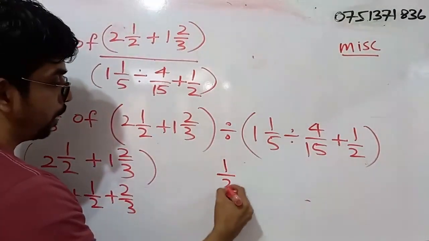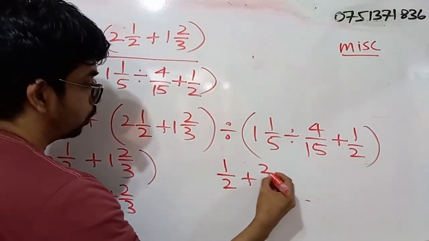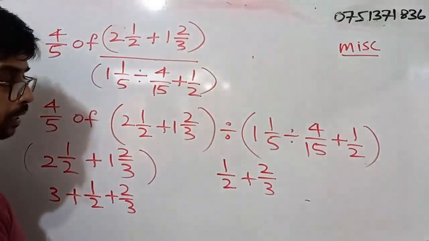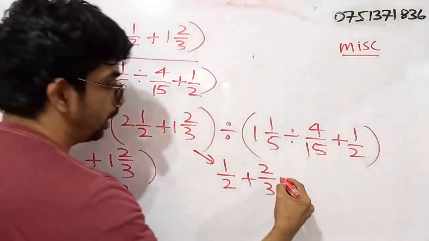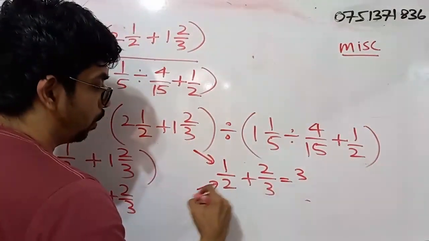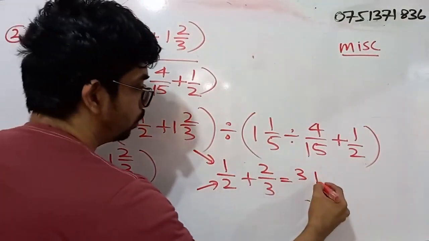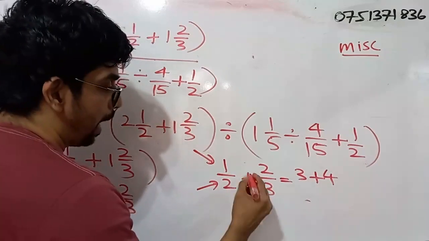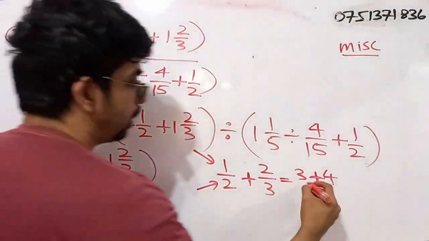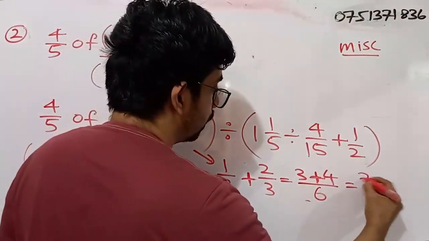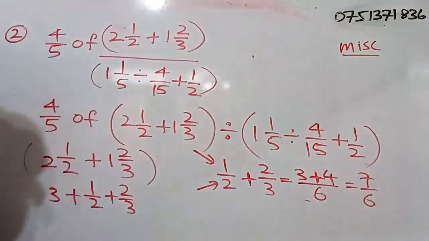So 1 by 2, to that we add 2 by 3. We will do the cross multiplication method. 1 times 3, that is 3. Now on this way, 2 times 2, that is 4. We are adding, that is why we put a plus here. 2 times 3, what is that? 6. So here we have 7 by 6.